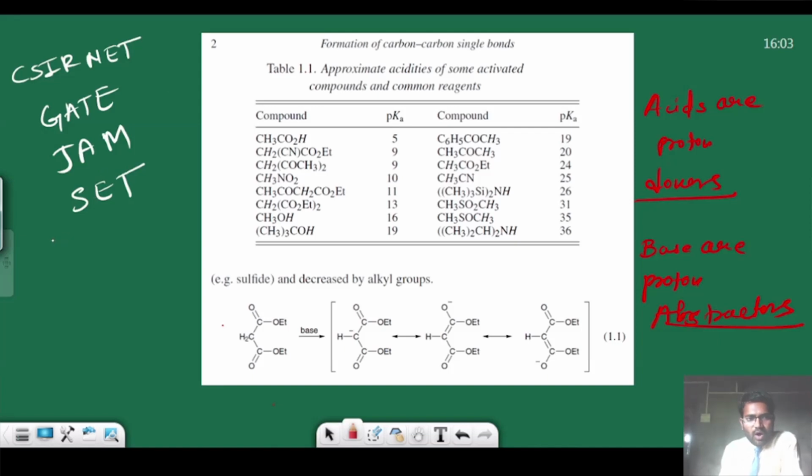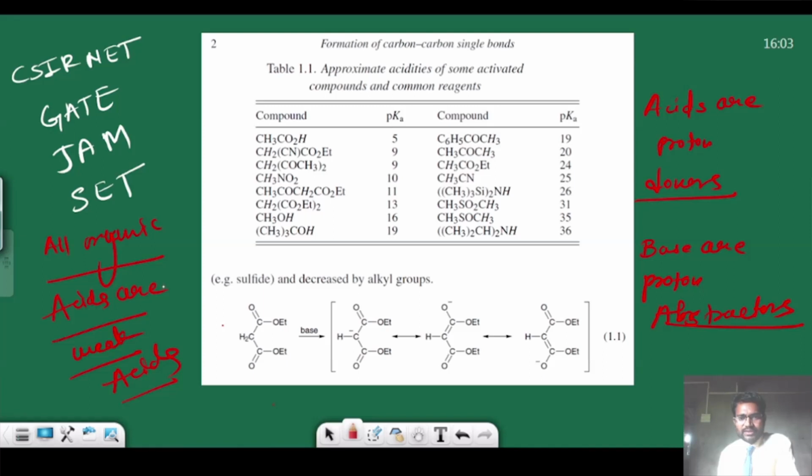Now all organic acids are weak acids. Do remember this particular point.